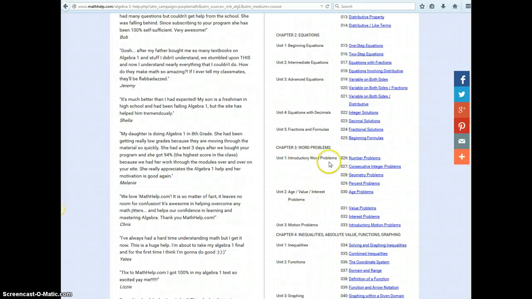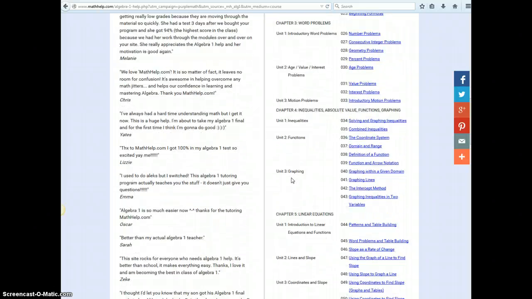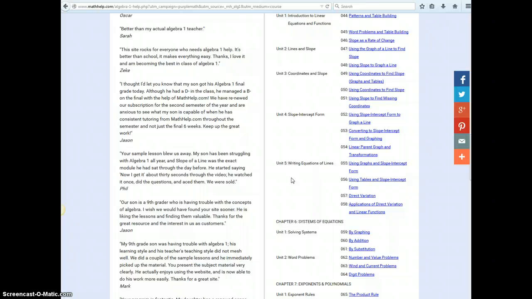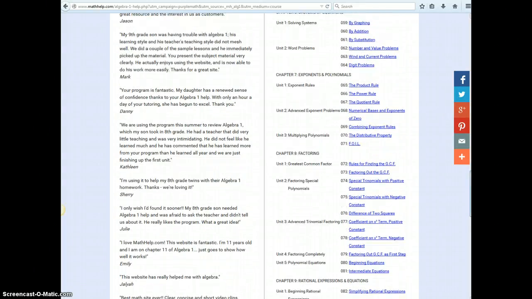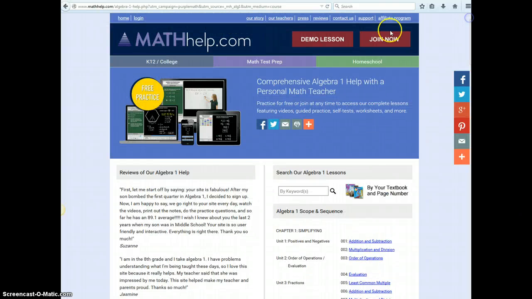Word problems, you might want to go over those because you might have found that you've had some difficulty with some of the problems that I had on the handwritten review. Linear equations we've covered. And again, you can search by going to their search keyword here, and it will help you find the topics that you need.